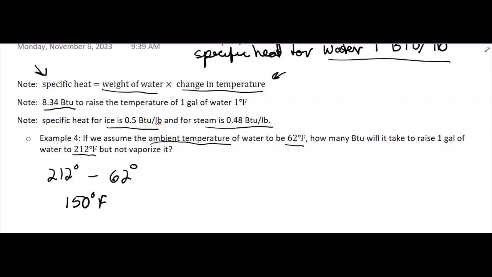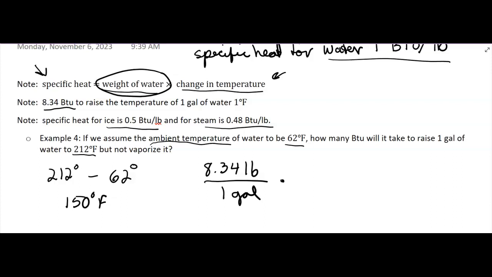Okay, so here comes the specific heat. The weight of water, we've already done that. We know that the weight of water is 8.34 pounds per 1 gallon. We did that in a previous video. So 1 gallon of water weighs 8.34 pounds. And now we're trying to figure out the BTU.